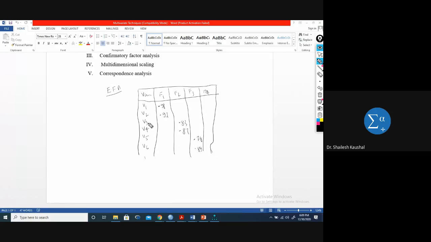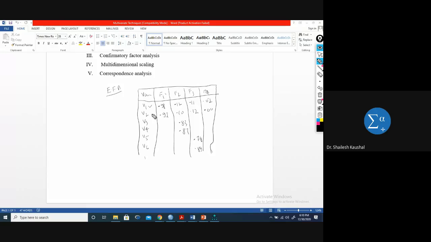In EFA, variable v1 is highly related with f1, and has low values elsewhere, like 0.12, 0.11 and 0.02. Other variables are related with f2, with low values of 0.10, 0.12 and 0.00 elsewhere.